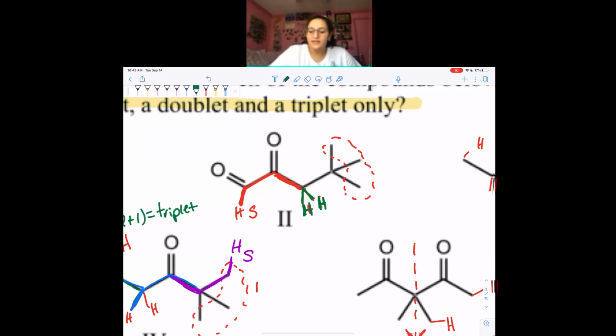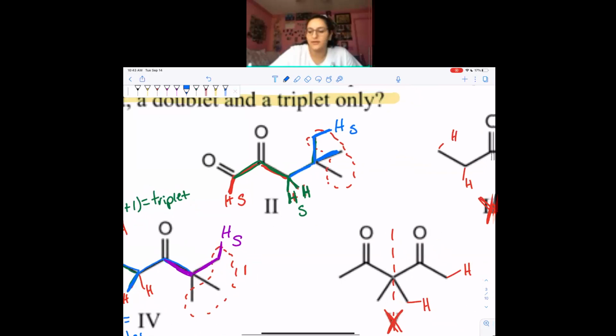This one has no neighbors on this side and 0 neighbors on this side. So this one is actually also a singlet. And then here, 1, 2, 3 bond lengths, nothing. 1, 2, 3 bond lengths, again, nothing. So all 3 of them are going to be singlets, actually.